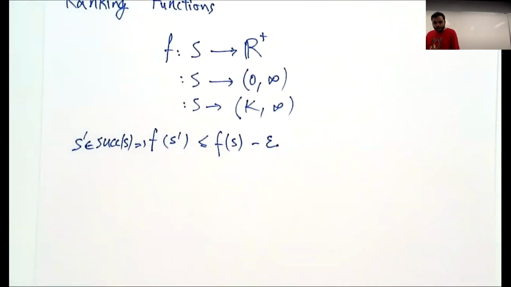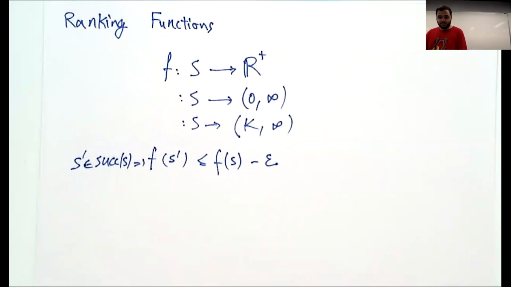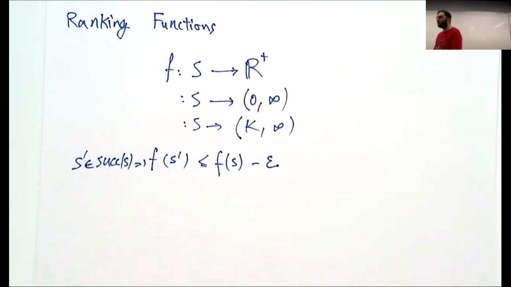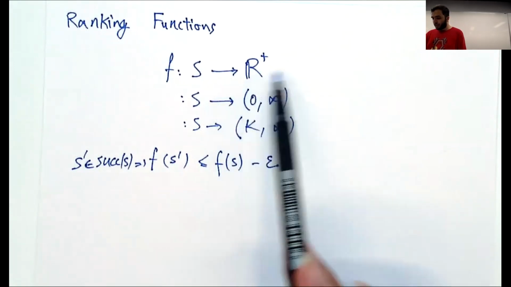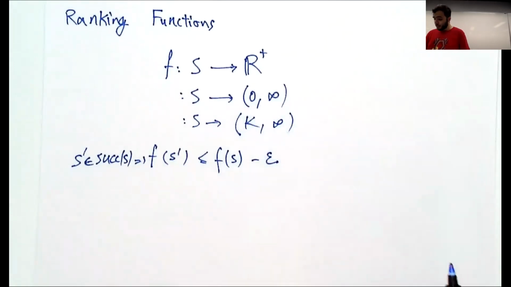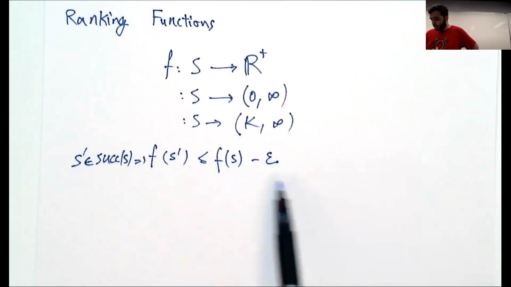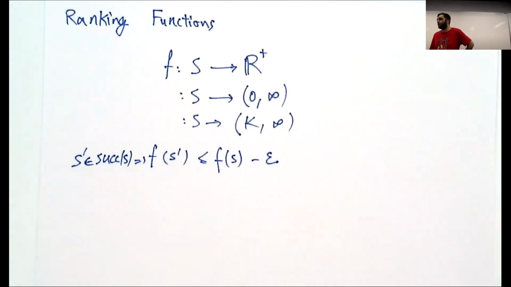Okay. These changes don't really change what a ranking function is, right? Because the basic idea behind the ranking function was that you should have some value that is going to decrease. It should be bounded from below, and you shouldn't be able to decrease it forever. So here, instead of having a natural number, you have a real number, but it's bounded from below. And also at every step, you are decreasing it by epsilon, so you cannot decrease it forever. Right? So we can also work with these kinds of ranking functions, which are basically ranking functions that map our states to real numbers.